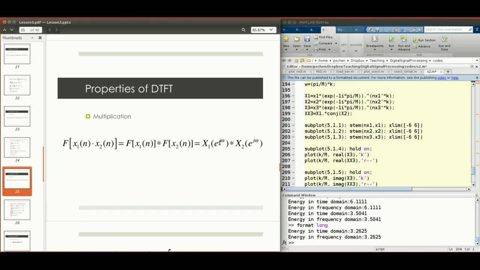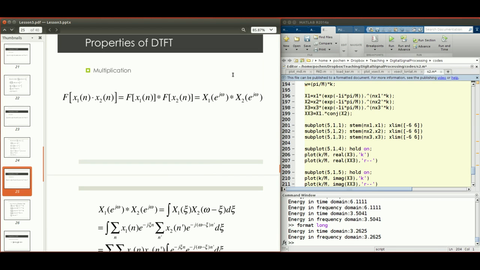Convolution. Here x1 and x2 are functions of frequency omega, right? But for now, we are treating omega as a continuous variable. We are not treating it as a discrete variable like n.